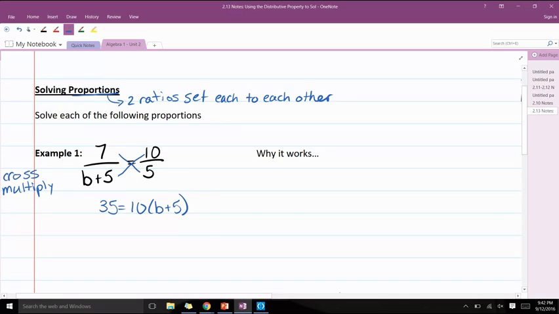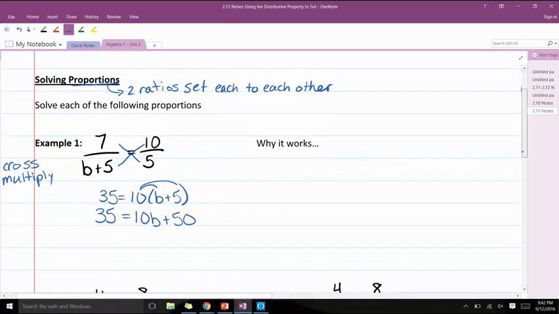The reasoning why is when students sometimes multiply the 10 with the quantity of b plus 5, they remember to multiply with the b, but they forget the plus 5. And so what they end up with is 10b plus 5, which isn't right. Because when we distribute here, we see we get 35 equals 10b plus 50. So something very different. So just something to keep in mind.